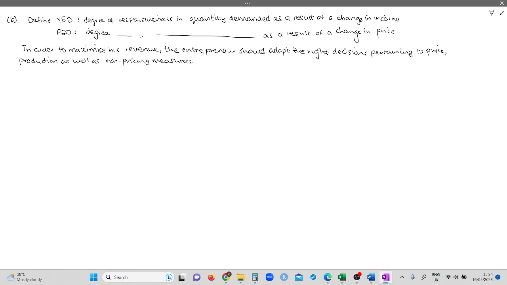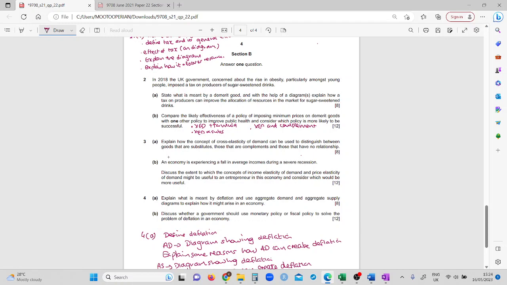So here, knowledge of YED is very helpful. For example, suppose, in this case, we are talking in the question about a recession, right? Yes, recession.